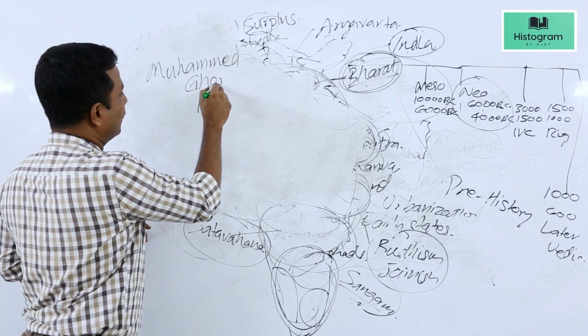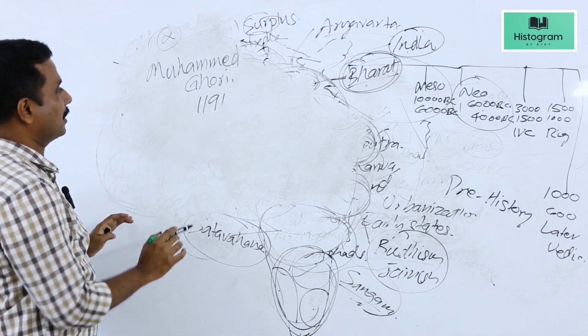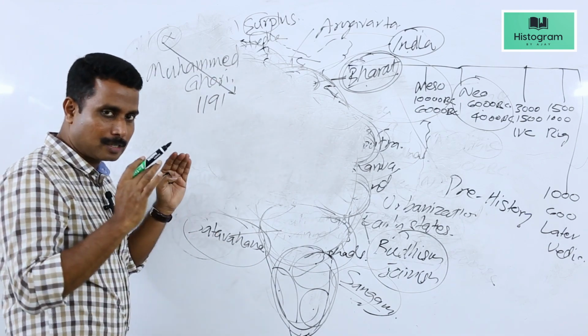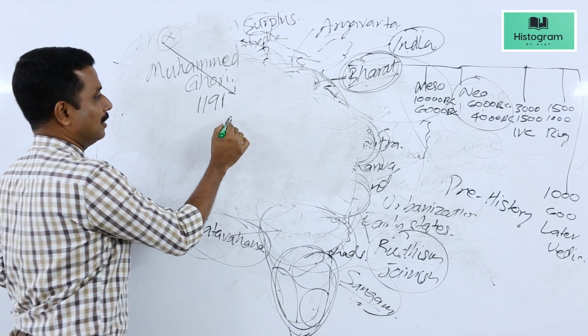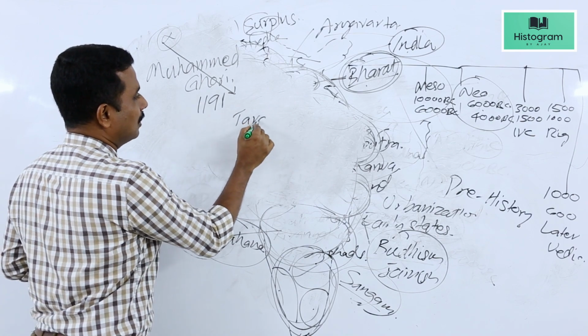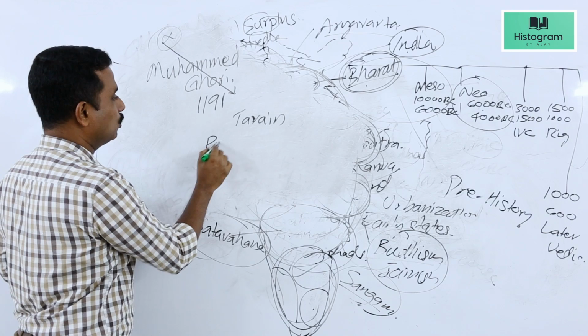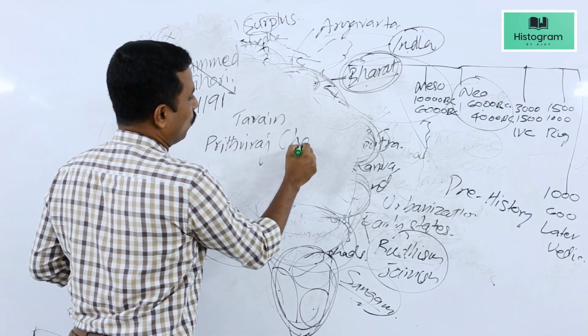Another foreigner named Muhammad Ghori, once again from Afghanistan region, started making intrusions into India, and in 1191 he fought a battle known as First Battle of Tarain against Prithviraj Chauhan.